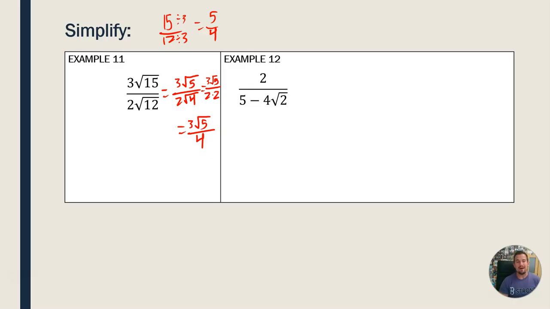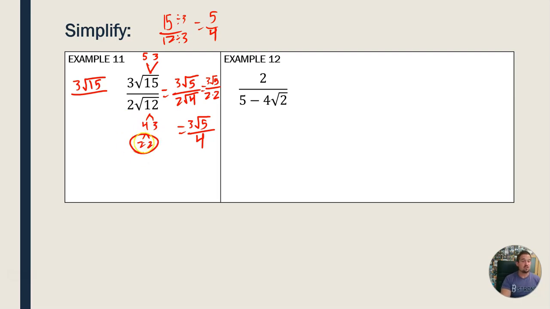Another way that I could go about dividing and simplifying these two expressions is I could simplify the top and the bottom separately. So the square root of 15, if I create a little factor tree for 15, that's 5 times 3. That square root is not going to simplify. If I try to simplify the square root of 12, 12 is 4 times 3. 4 is 2 times 2.